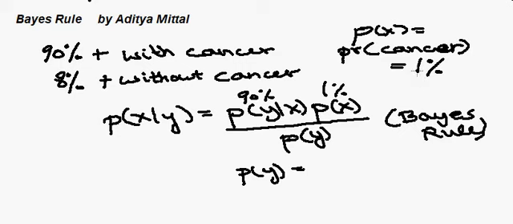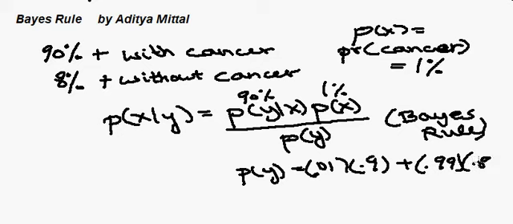So if you have cancer, you're going to test positive 90% of the time, which means this is the 1%, or 0.01, times the 90%, plus the 99% of the time where you're going to test positive 8% of the time. So the probability of y can be computed like this.